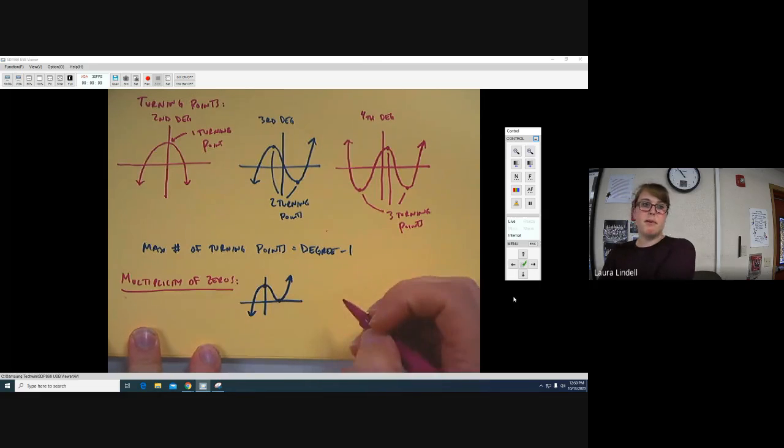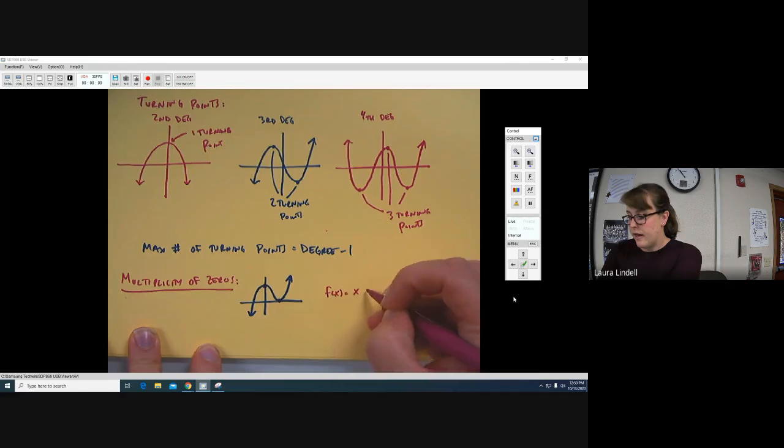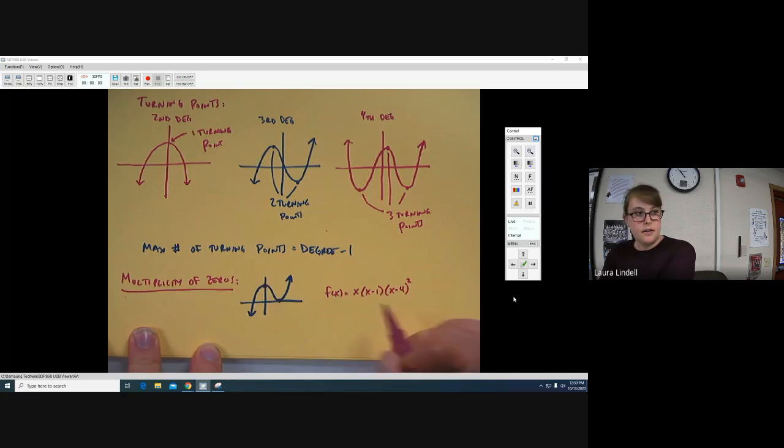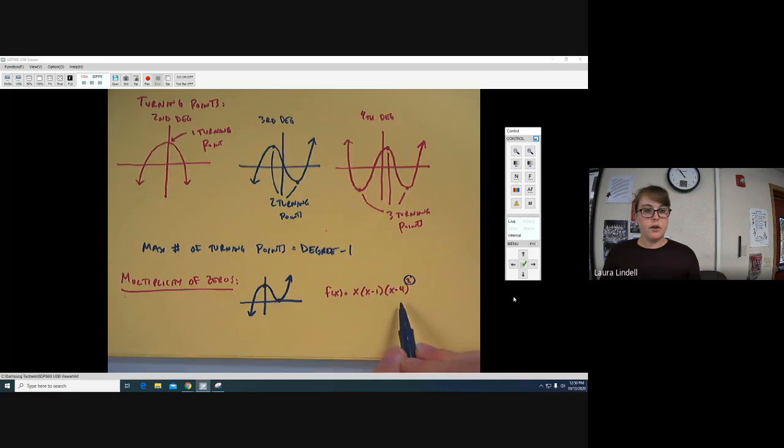It's better expressed in an equation. So if I had something like f of x equals x times x minus 1 times x minus 4 squared, this is what multiplicity of zeros looks like in an equation, where you have a repeated zero, because this is really x minus 4 times x minus 4, right? So x minus 4 shows up twice, so 4 shows up as a zero twice.